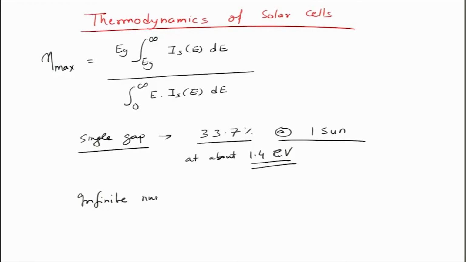But if you have the luxury of having an infinite number of gaps in a device, then you can increase this efficiency to about 86.8%. Okay. So, there is a possibility of having higher efficiency. So, this is the concept behind multi-junction solar cells.